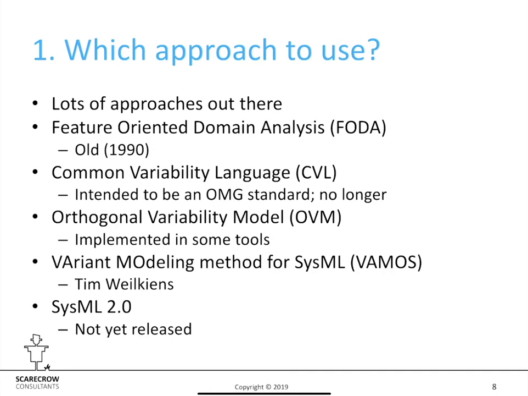Tim Weilkiens, a very well-known author on SysML and MBSE, has an approach that he calls VAMOS, the variant modeling method for SysML. And they are talking about including aspects of variant modeling in SysML 2.0, which is still under development. So the first problem you've got is which approach do you use?